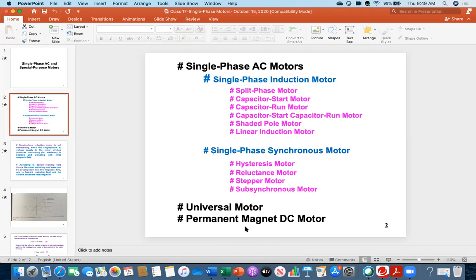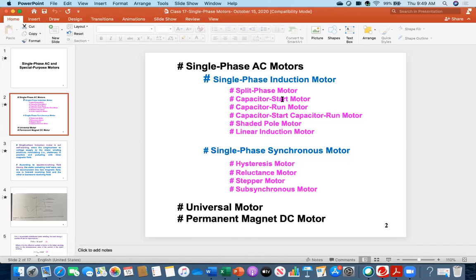Even for the synchronous motor and synchronous generator, we discussed under excitation, normal excitation, over excitation, and leading, lagging, unity power factor. You can eliminate everything because the magnet is permanent. Therefore, in this class, we will be discussing the permanent magnet DC motor.